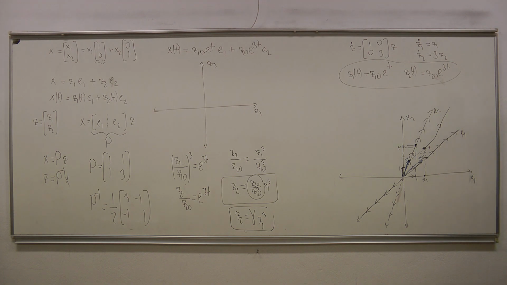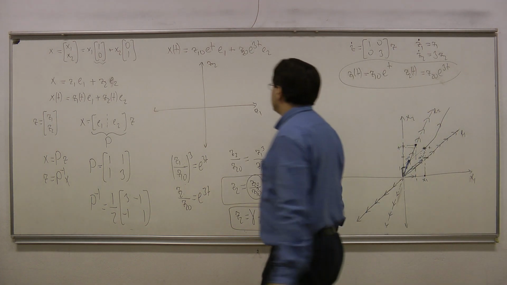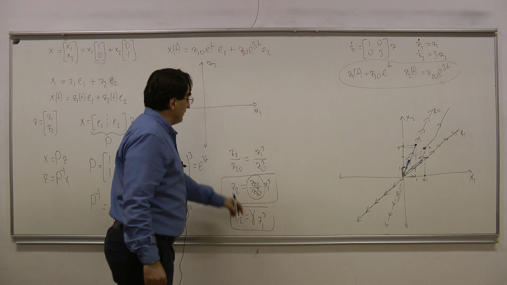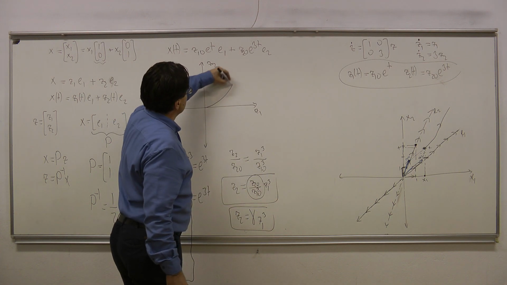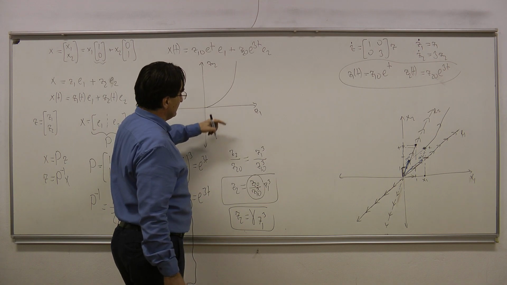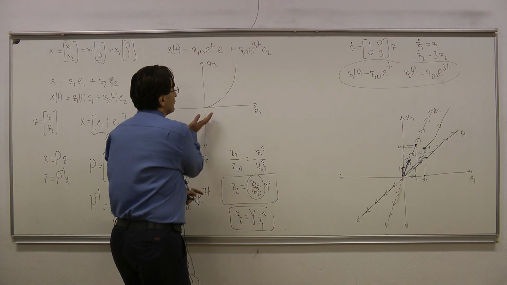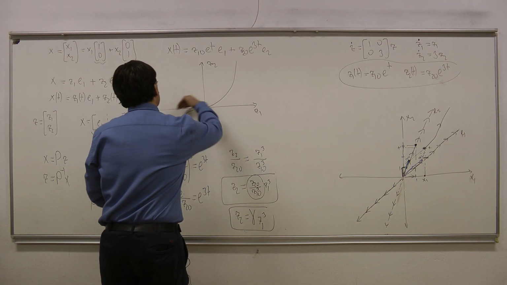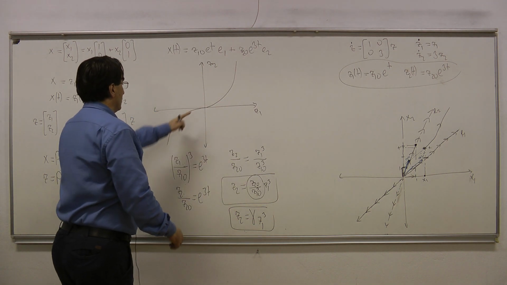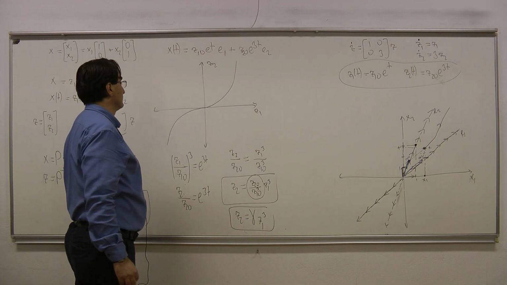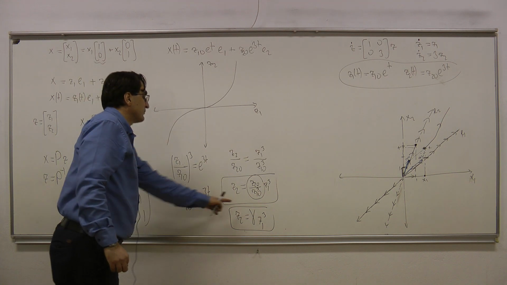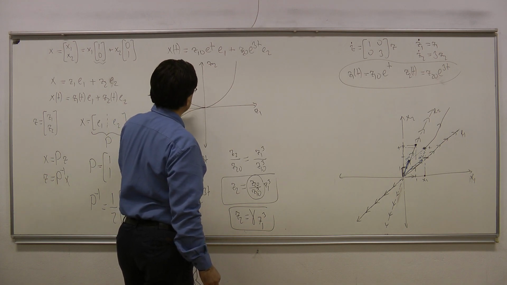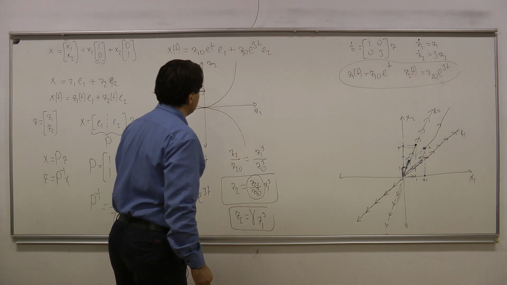If I try to draw these trajectories, if gamma is positive, we're going to have a trajectory like this, Z1 cube. So it's going to be a convex curve. And it's going to be a concave curve when we have negative Z1, like this. And if gamma is negative, then I would have the other types of curves.